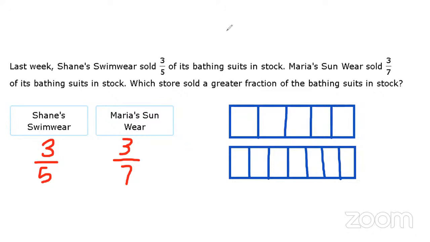All right, so these are expected to be the same sizes, not drawn to scale. Now I'm going to shade 3/5, and I'm going to shade 3/7.